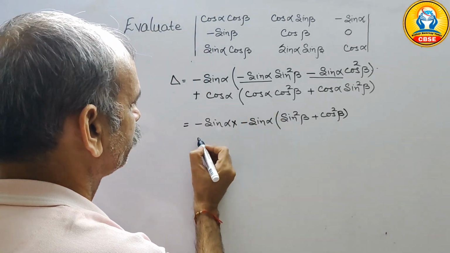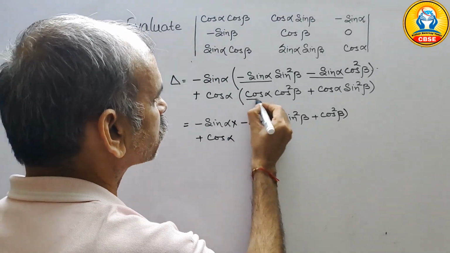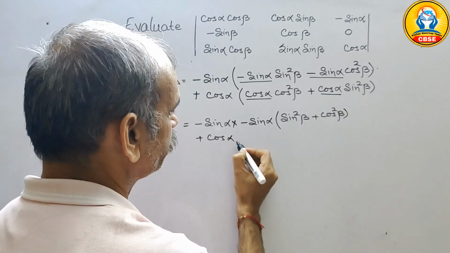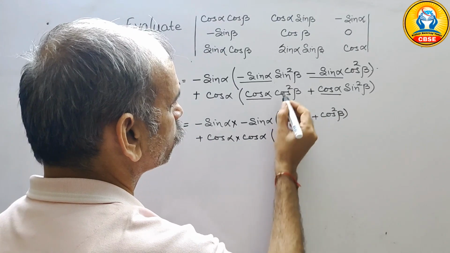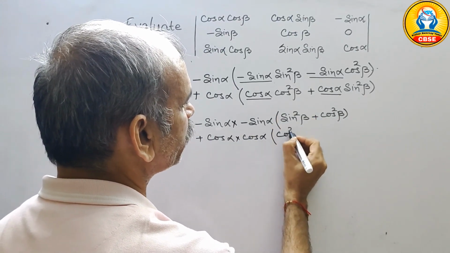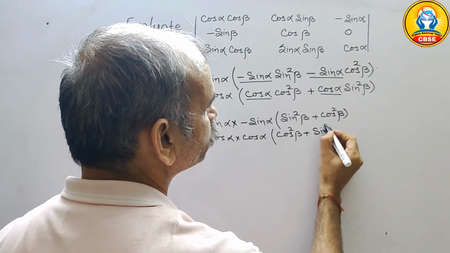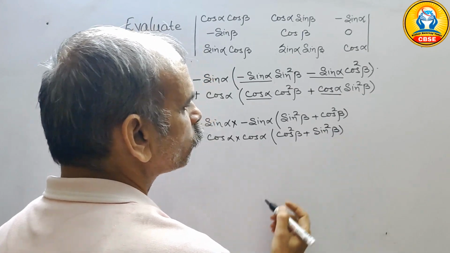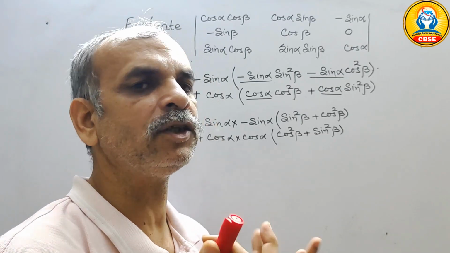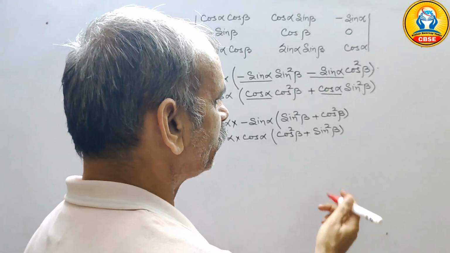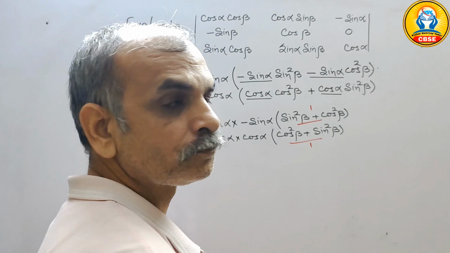Then plus cos alpha, and here cos alpha is common. So again you will get cos square beta plus sin square beta. So we know that sin square theta plus cos square theta is 1. That is the identity. So this is 1 and this is also 1.